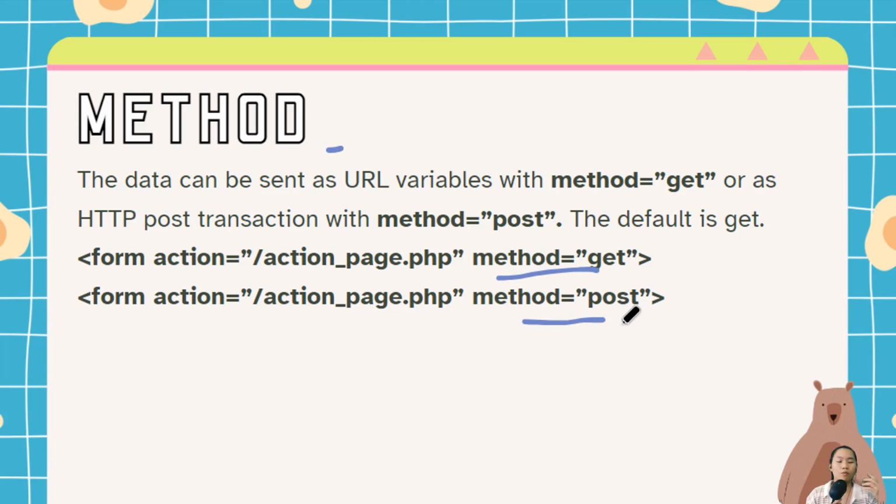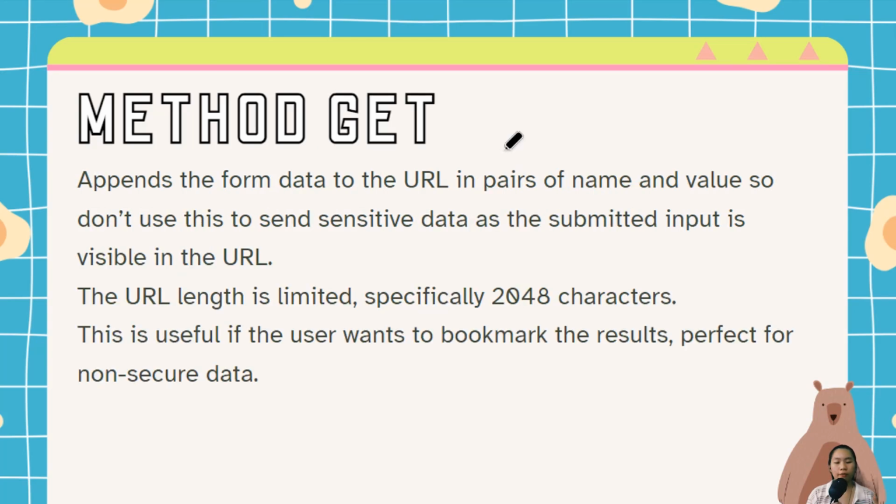I want to talk more about the difference between the two. So a few things you need to pay attention to with method equals get is that it appends the form data, aka the user input that the user sends, in the URL in pairs of name and value. So any data that the user submitted is visible in the URL.